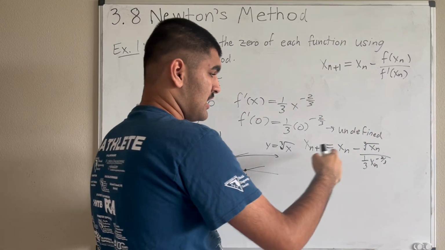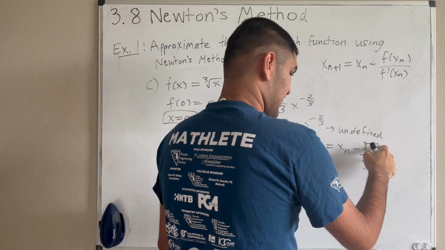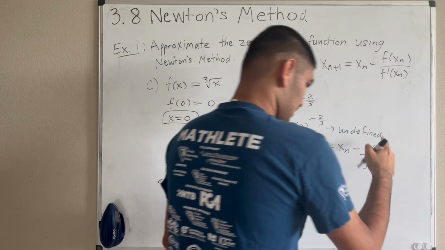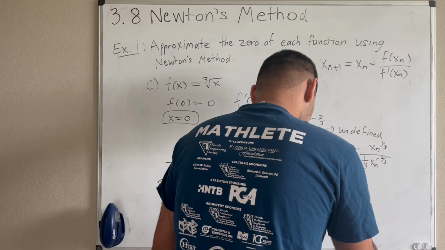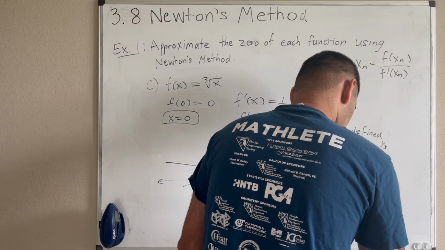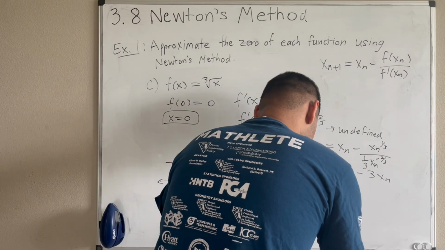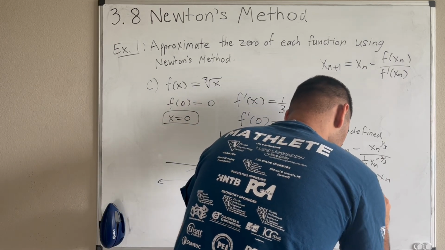I'm going to rewrite the cube root of x_n as x_n to the 1/3. It's the same thing. And so this simplifies to x_{n+1} equals x_n minus 3x_n. Okay, and so we get x_{n+1} equals negative 2x_n.